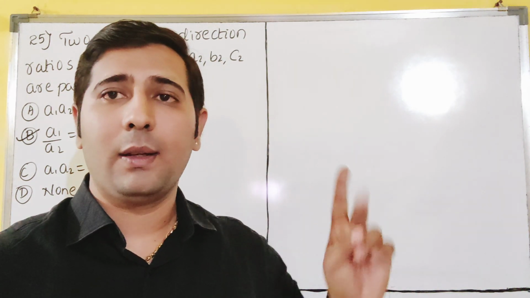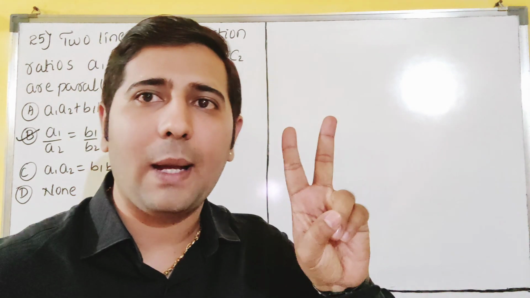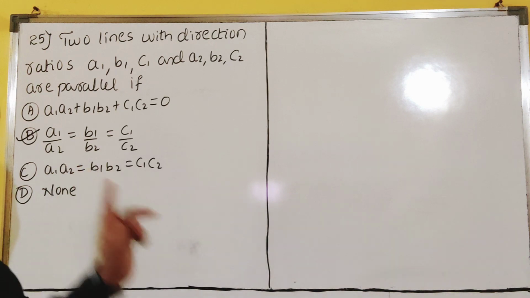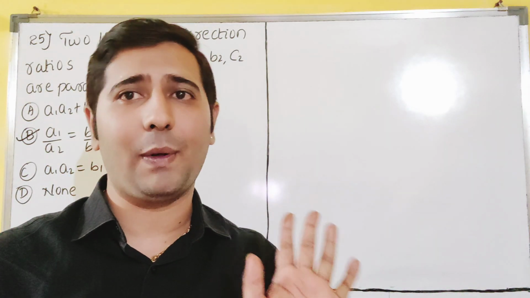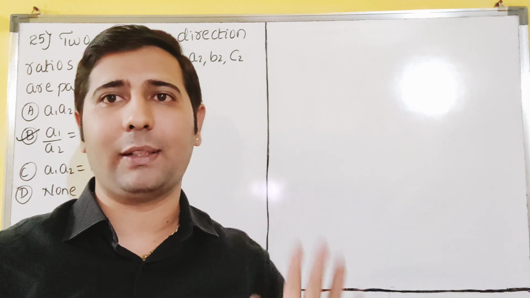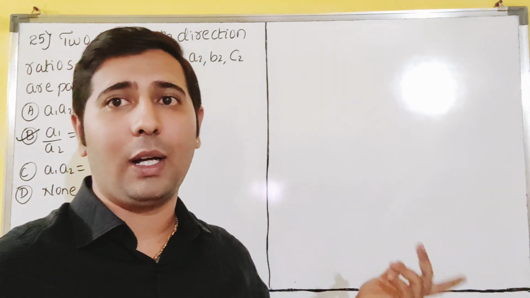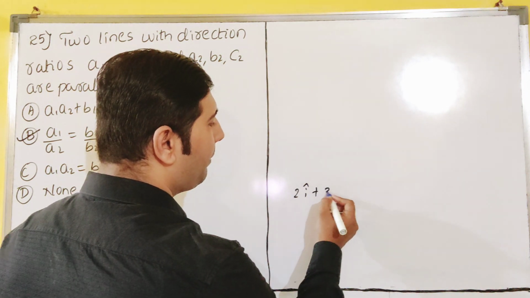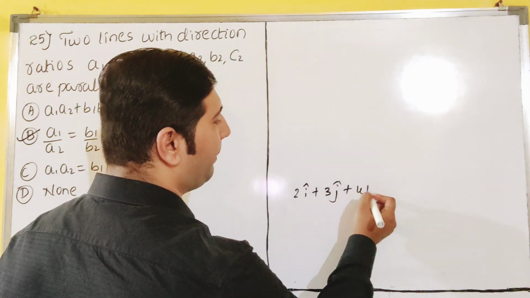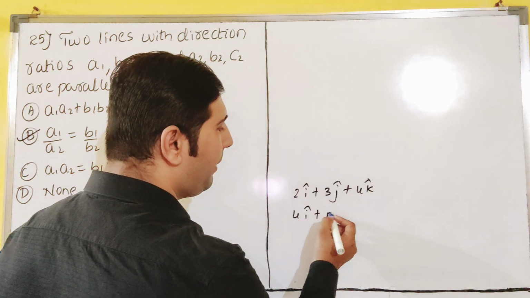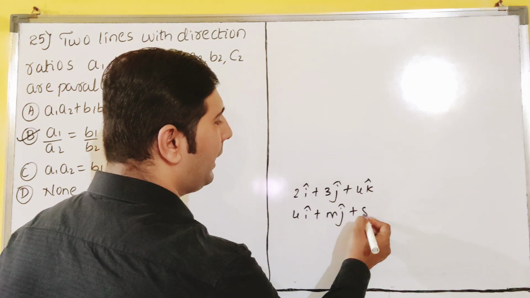And remember, when two lines are parallel, this condition will come. They may ask this type of question with some other numbers also, and m is equal to minus 6 will be the answer. They will give different questions. For example, 2i cap plus 3j cap plus 4k cap, and m j cap and 8k cap.